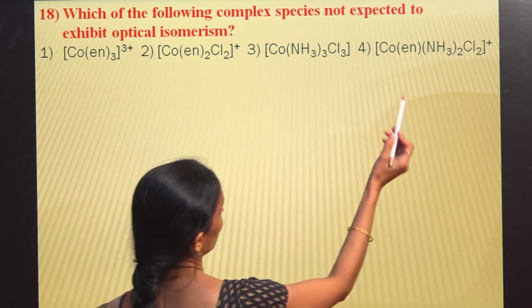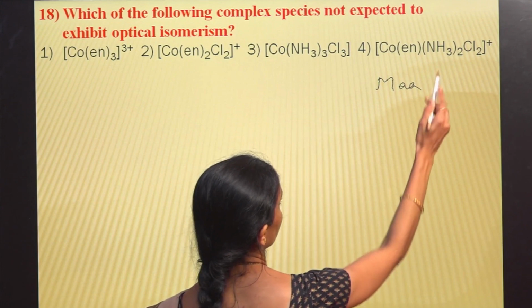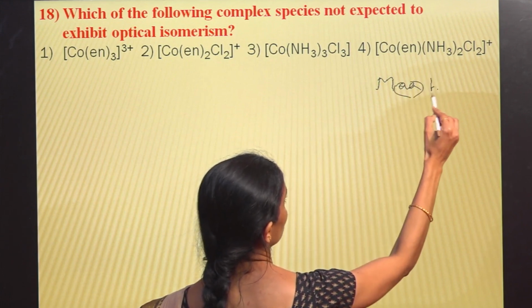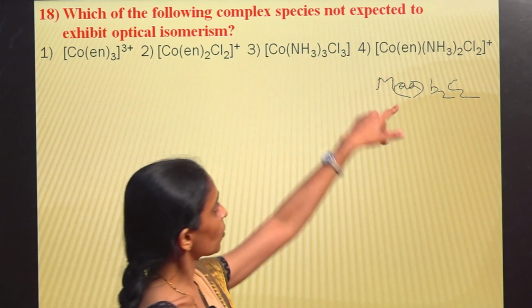It is of the form M, again a bidentate ligand AA, B twice, C twice. So this is the form of the complex.